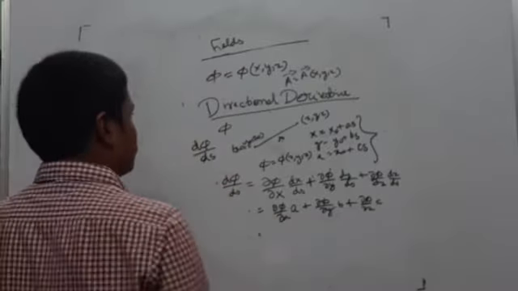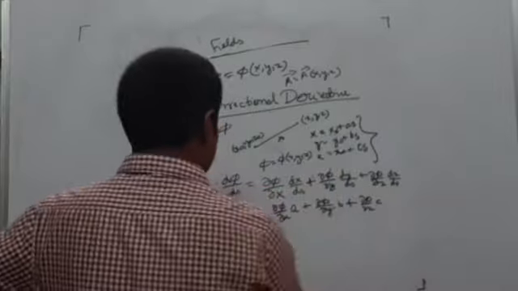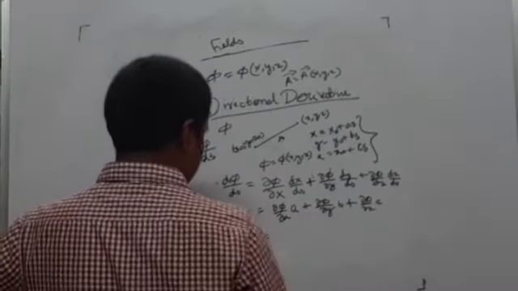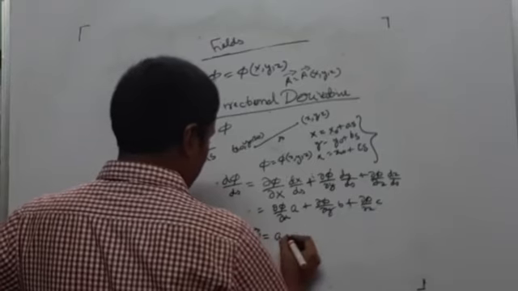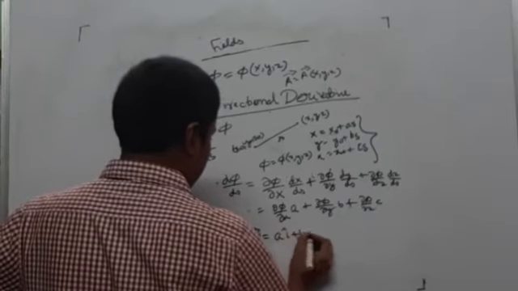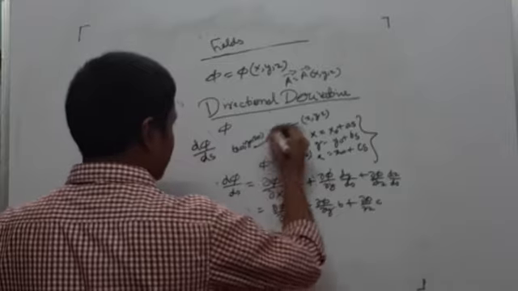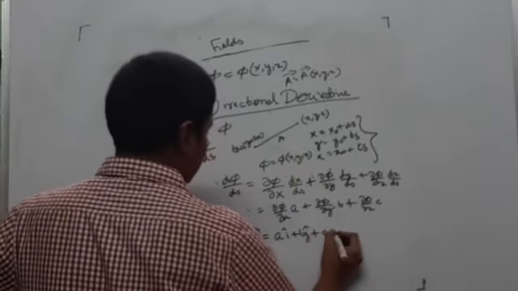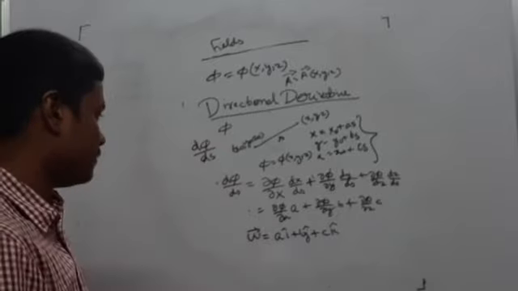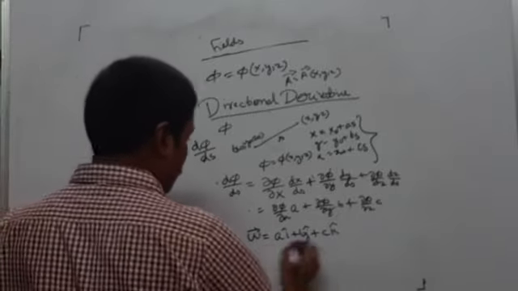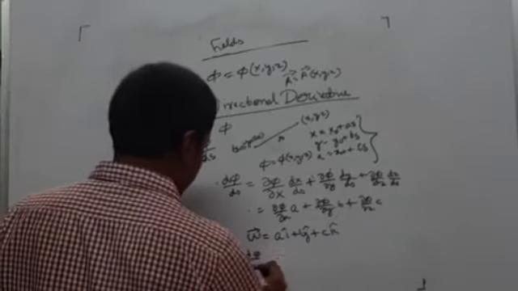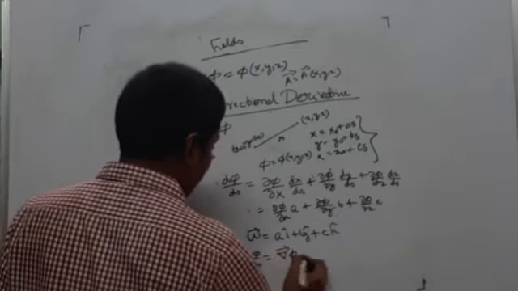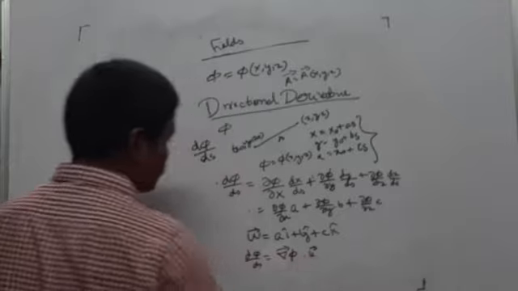Now, all I need is to define a unit vector from x0, y0, z0 to x, y, z. And this is the unit vector. So now, as you see, d phi ds can be written as a dot product of the gradient of phi dot u.